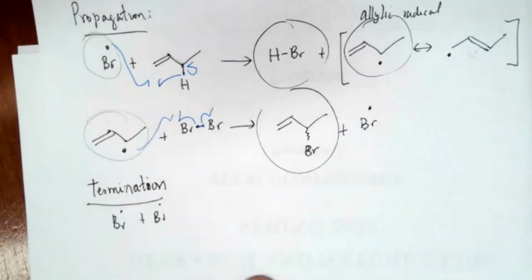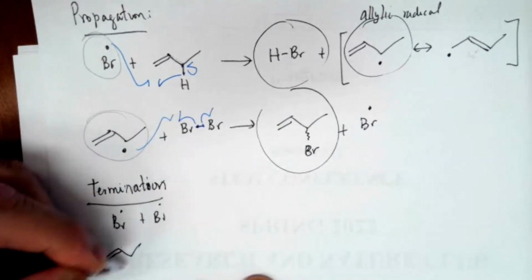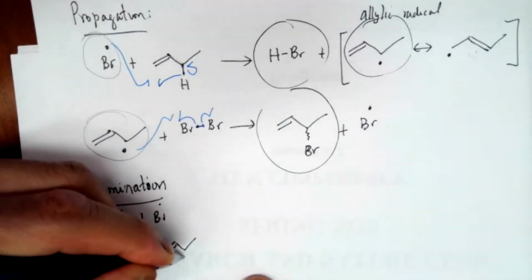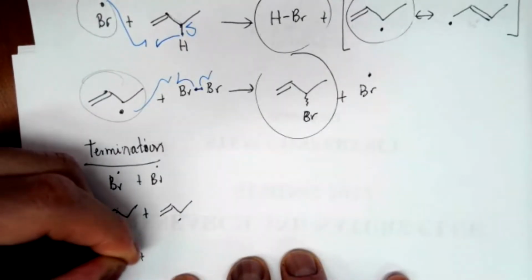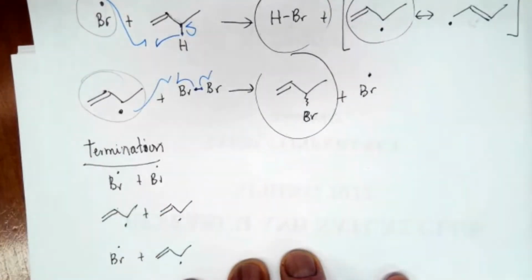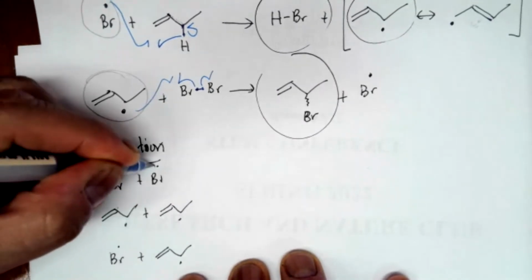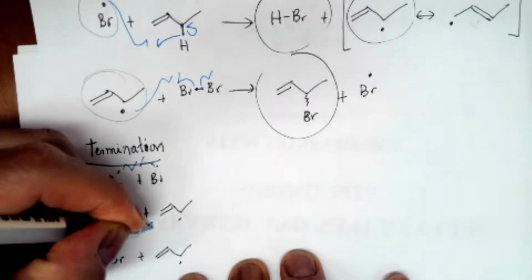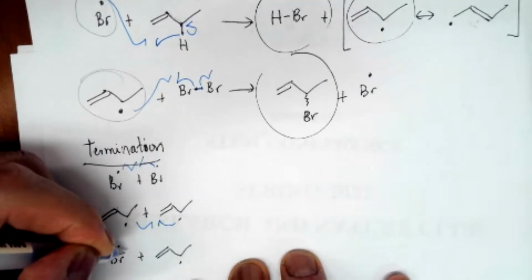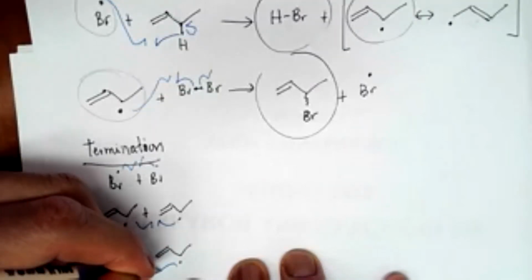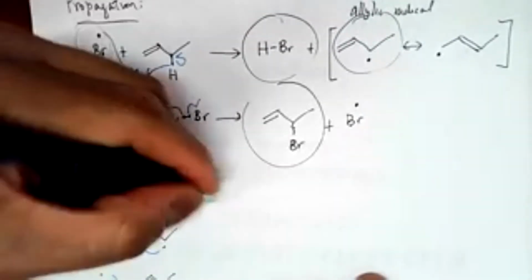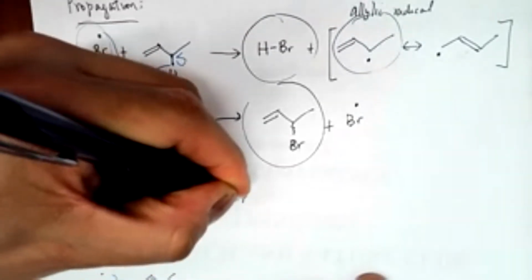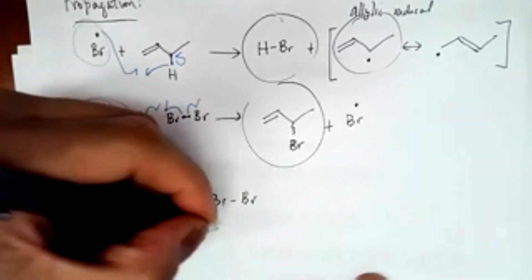Bromine radical with bromine radical, allylic with allylic, the self-termination, and then the cross-termination, bromine plus the allylic. So here, bromine, fish hook, fish hook, fish hook, fish hook, fish hook, fish hook. See my fish hooks. Br, here.